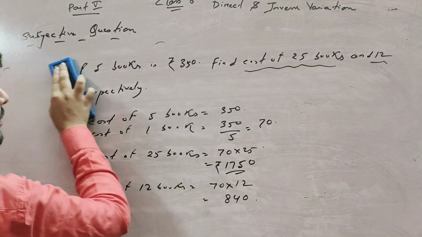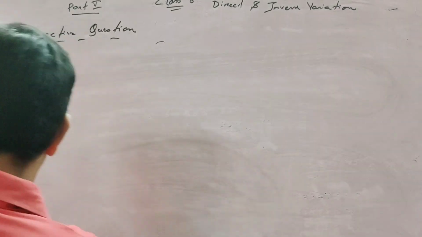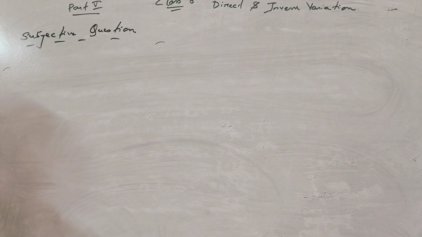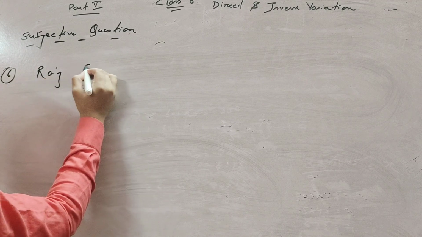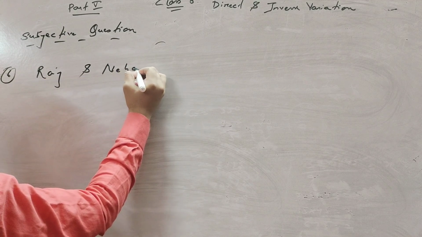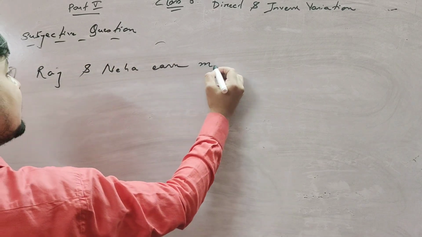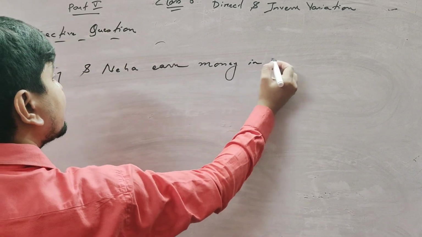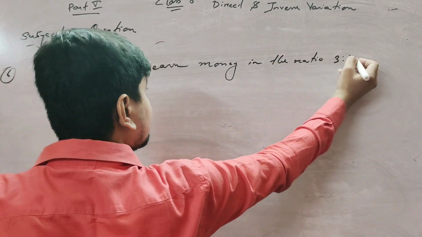It's time for question number 6. Raj and Neha earn money in the ratio 3:4.